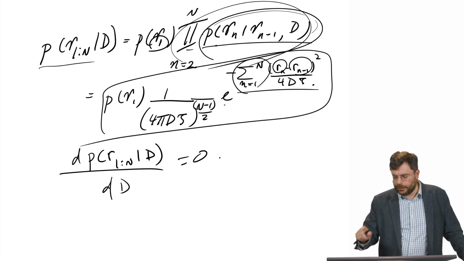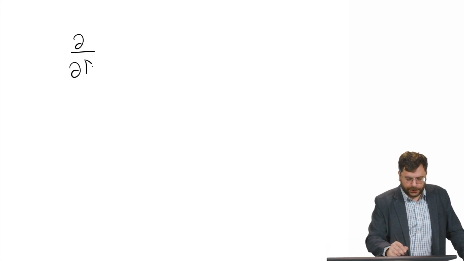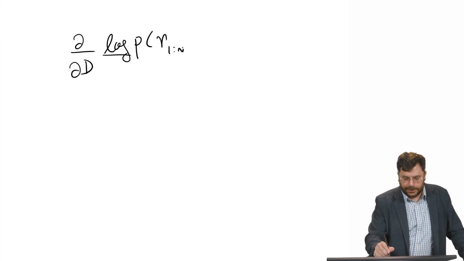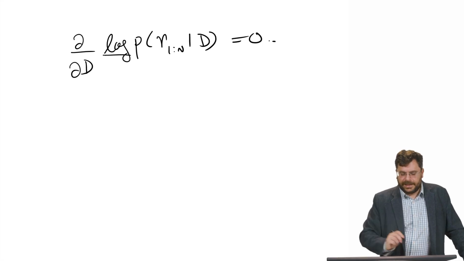So in particular, what we'd like to do to avoid this numerical underflow is to consider the derivative, I'm going to use partial again, of log, under the assumption that whenever I write log, I mean natural log, which is more convenient, of this, and I set that equal to 0.